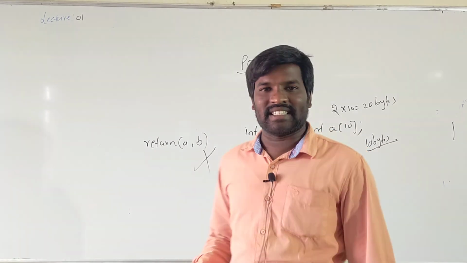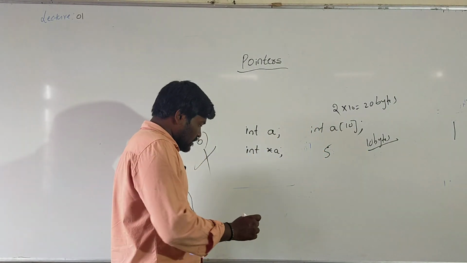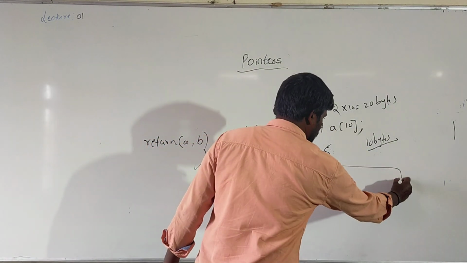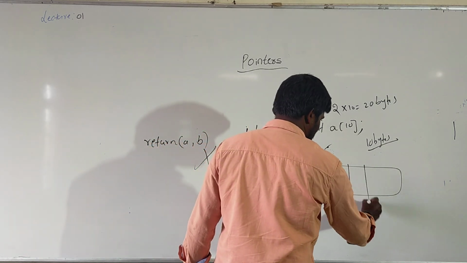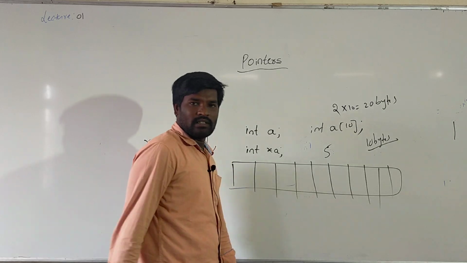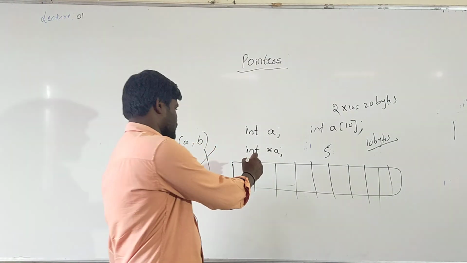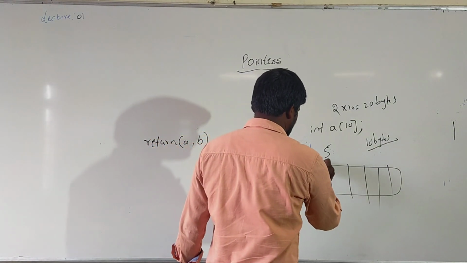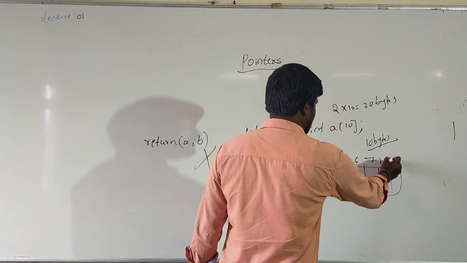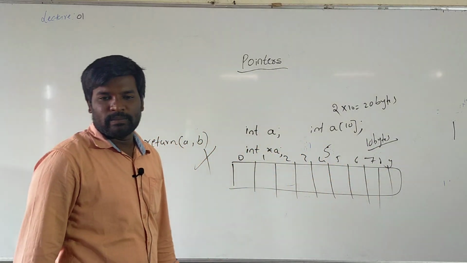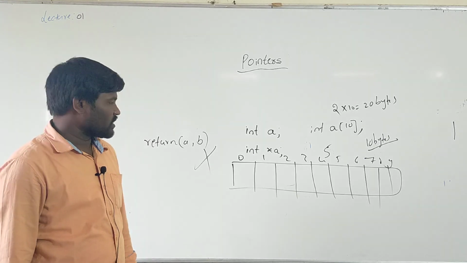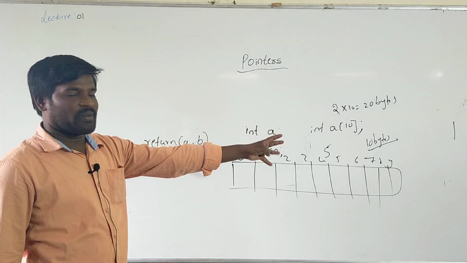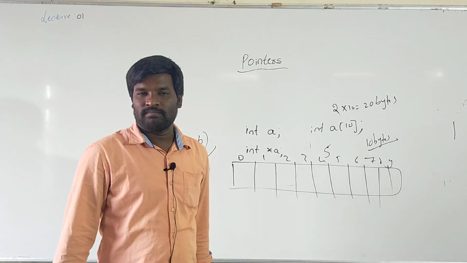If I declare int a[10], it will create 10 blocks: 1, 2, 3, 4, 5, 6, 7, 8, 9, 10. The positions are 0, 1, 2, 3, 4, 5, 6, 7, 8, 9. 0 to 9 means 10 positions in total. So a[10] means a maximum of 10 blocks.